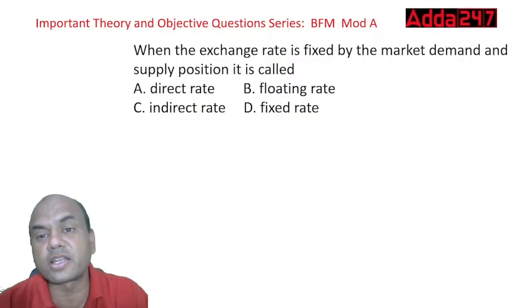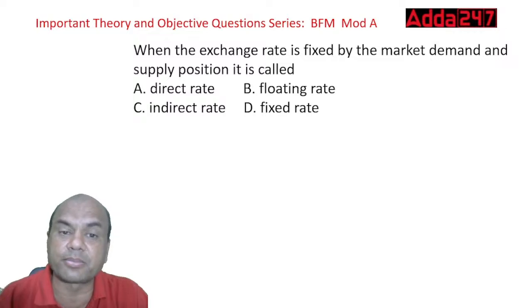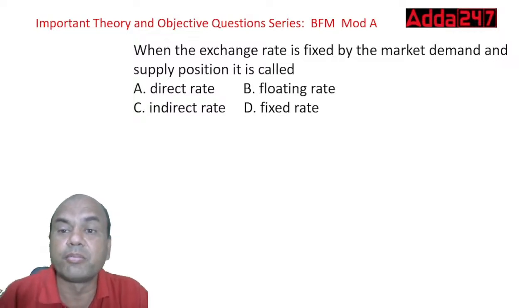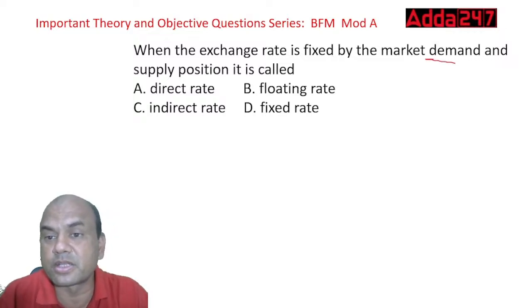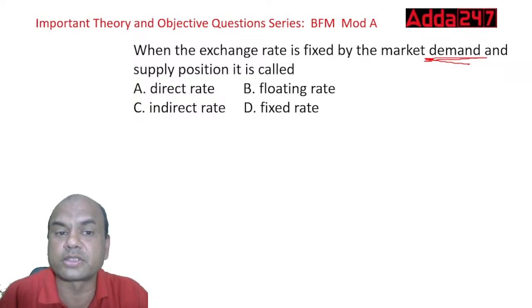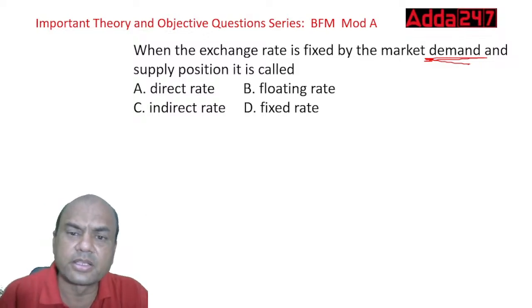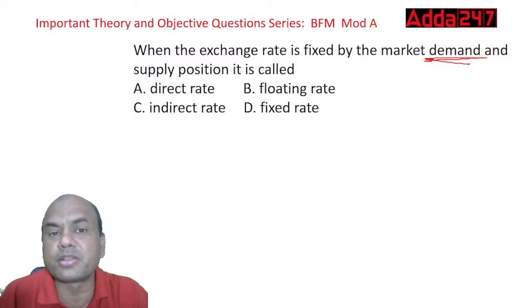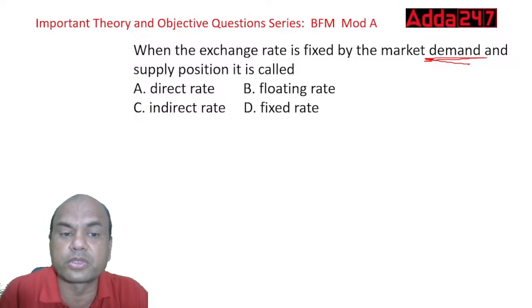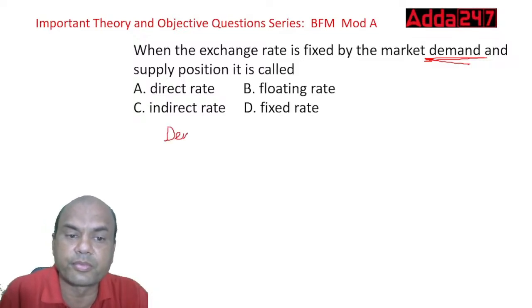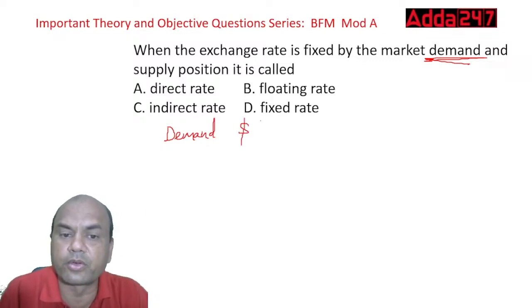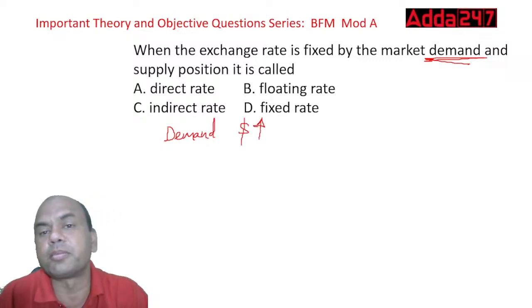When the exchange rate is fixed by the market demand and supply position, it is called as market demand and supply position. Means if your demand is high, your rate goes high. If your supply is high, your rate goes low. Do you know this concept? Suppose the demand for dollar goes up. If it goes up, then what happens?